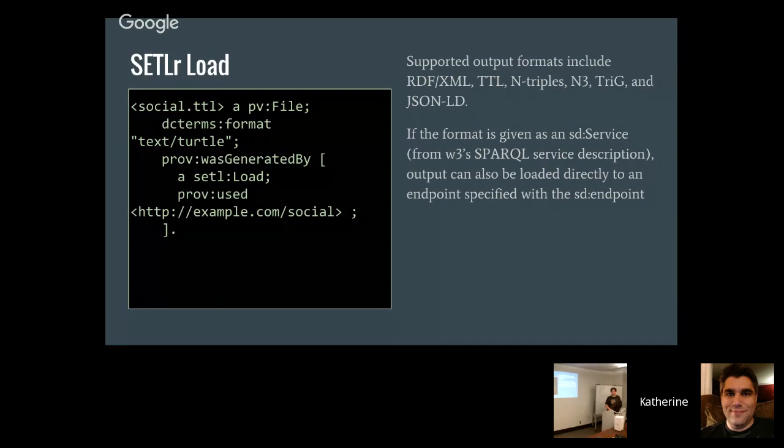So, Jim, I'm sorry to be anal on this, but you're saying that you have a URL which is the endpoint, you would declare the endpoint with the SD endpoint, and also you would say that that's the service. Yeah, you say it's a service, and then you give it the SD endpoint, and the endpoint URL is what's actually being used to update.